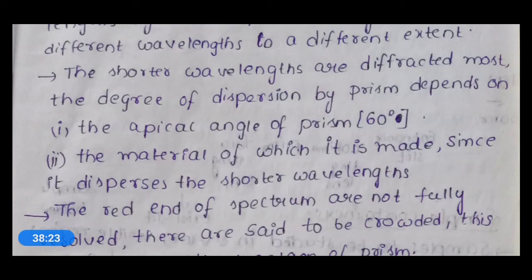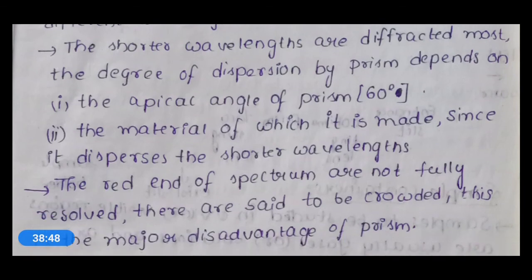So this prism's dispersion depends on the material of which the prism is made, since it disperses the shorter wavelengths. So based on the material of the prism, the dispersion will also be dependent.